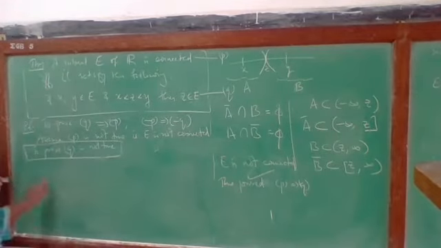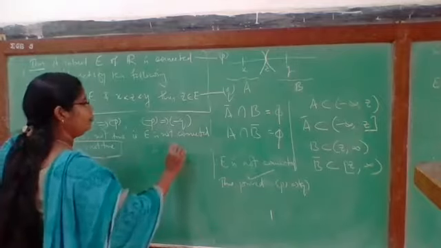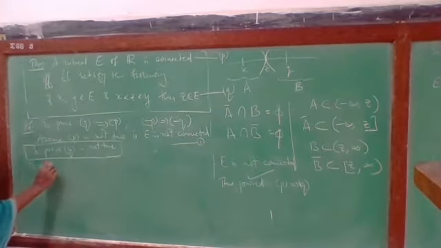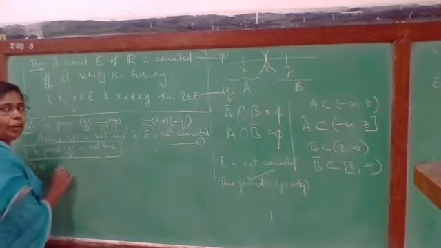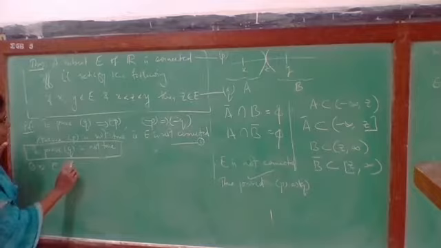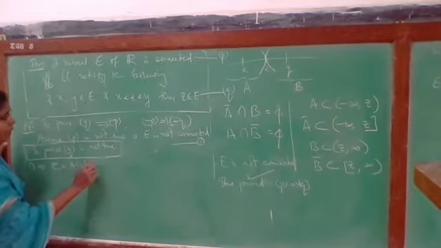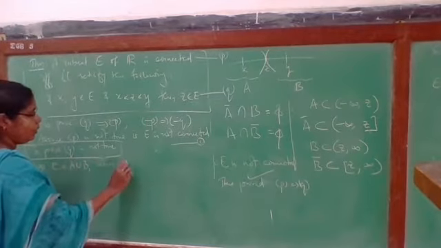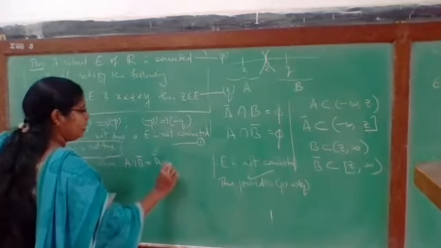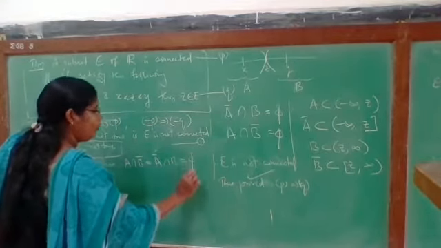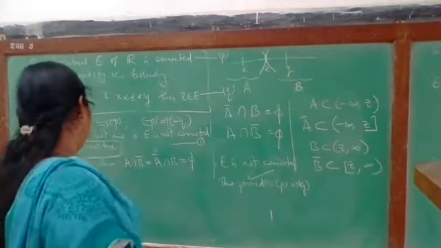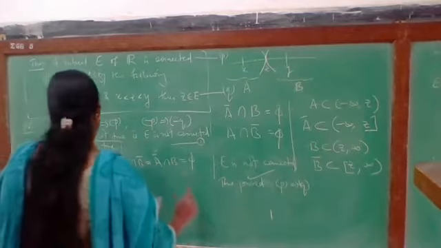So E is not connected implies E is the union of two non-empty separated sets, A and B, where A intersection B closure and A closure intersection B are empty.